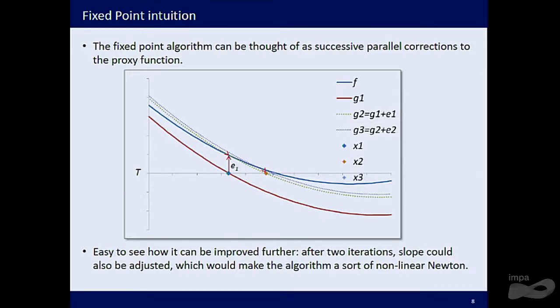You know, intuitively, how does it work? Correcting the target is a bit like correcting your proxy by the opposite amount. So think of this as an example in one dimension. The blue curve is our function, and we want to find where it hits 0. But we only have a proxy, which is the red curve. So first, we solve the proxy for the 0, and we find the first estimate.